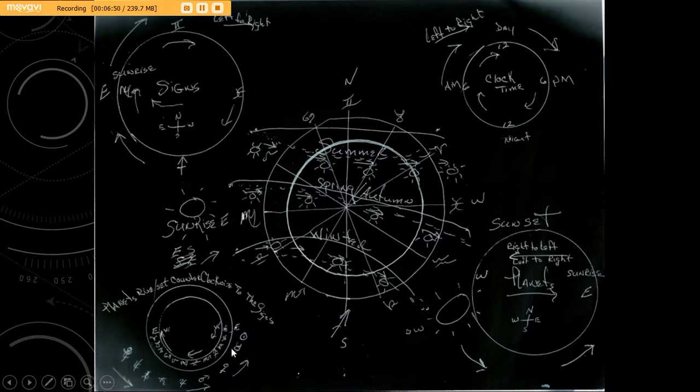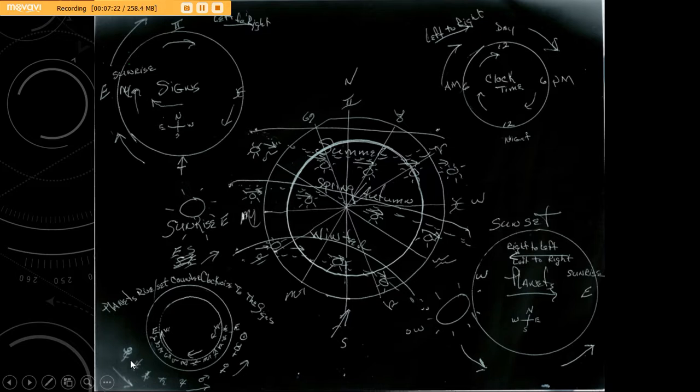This is what's important. As the planets go around from left to right, the signs go from right to left. And as they come around in their seasons, as the planets in their cycles, the Sun has its own cycle, Mercury has a cycle, Venus has a cycle, Mars, Jupiter, Saturn, Uranus, Neptune, Pluto, and also asteroids.